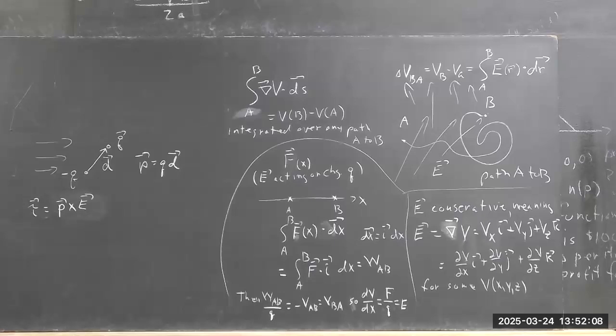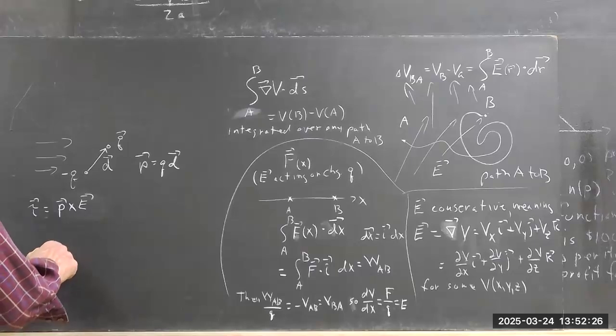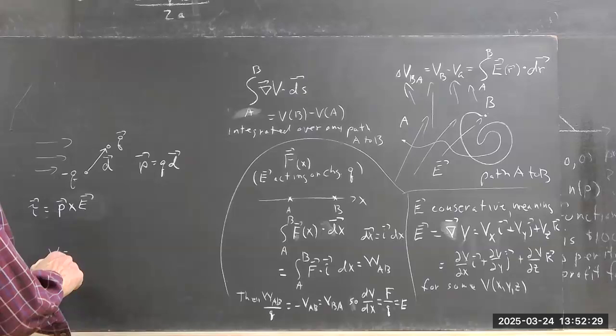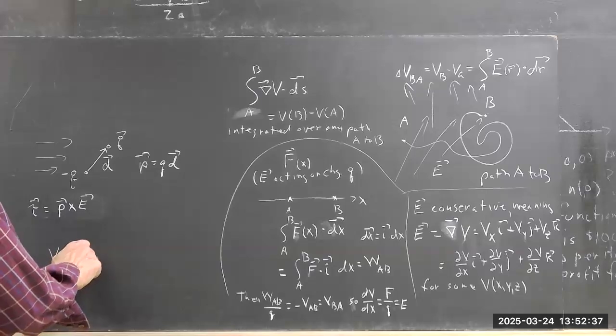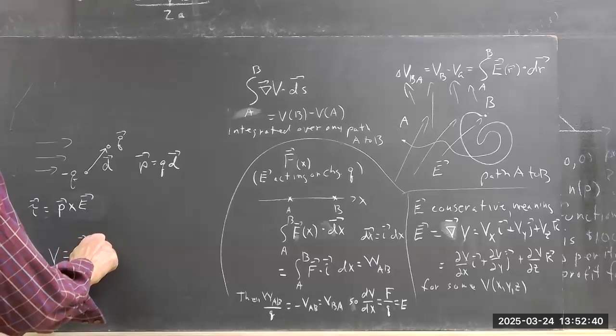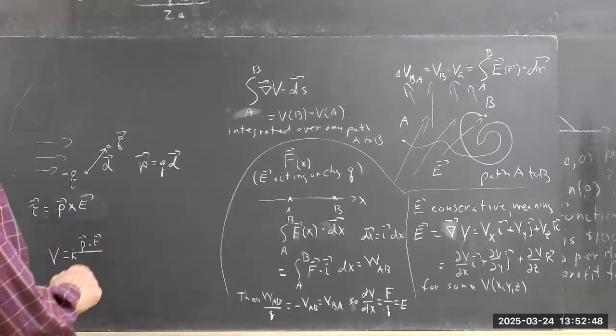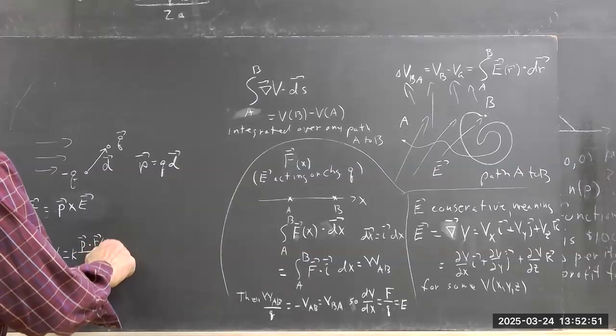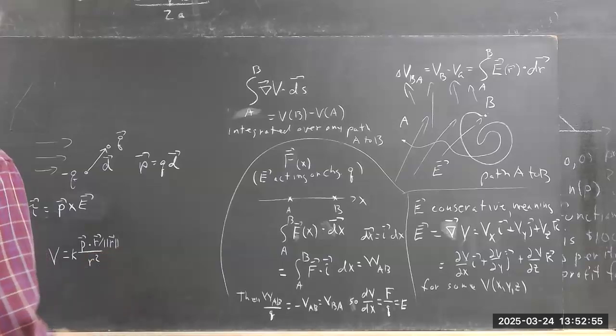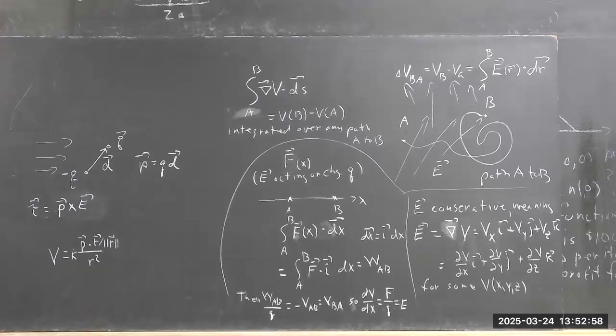The other thing about the dipole moment is that the potential is K times P dot R hat over R squared.